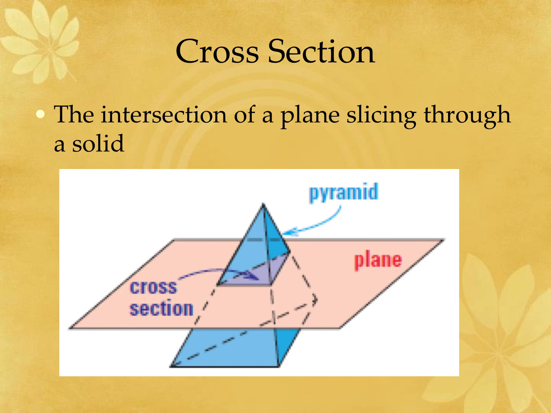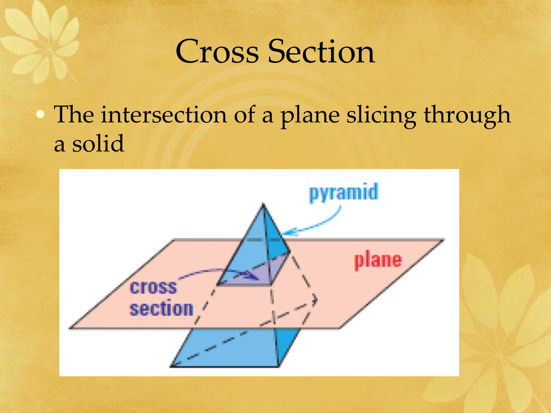So the cross section is if I were to take a plane or just take something and slice through my solid and then pick up the piece that I cut off to see what kind of shape you have in that cross section. Now, in all of the slides here, the cross section will be the purple. So in this particular pyramid, this was actually a triangular pyramid.